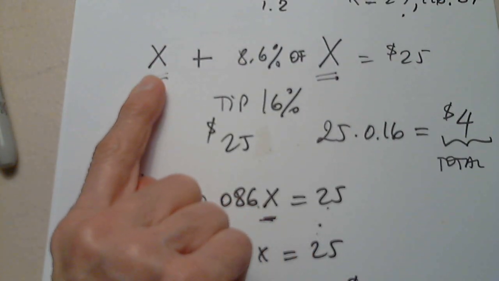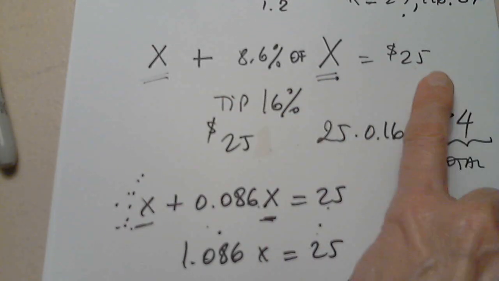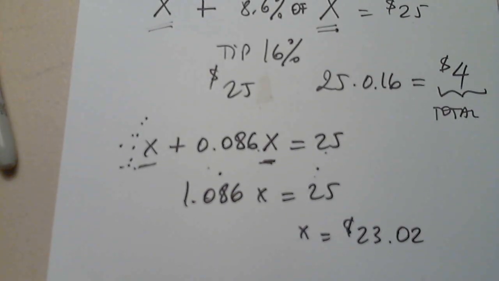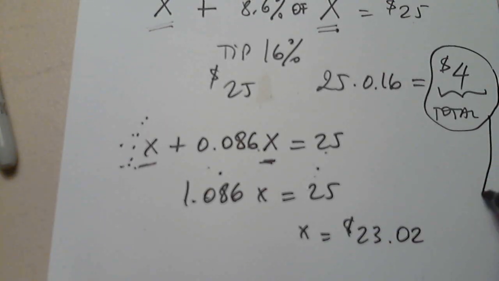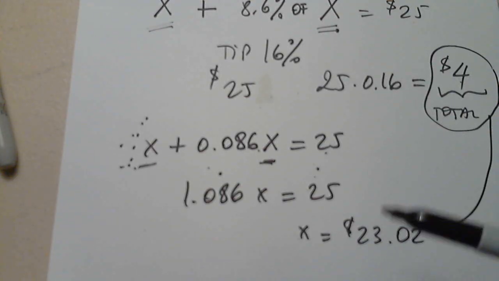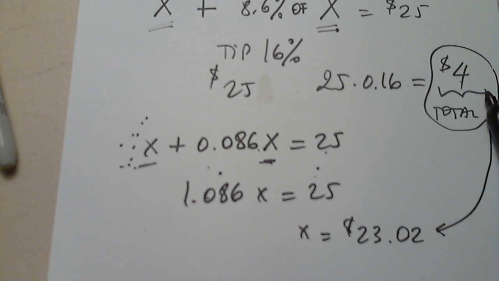The price of the sandwich plus 8.6% of the price of the sandwich, she ended up paying $25. Now, they want us to explain what does $4 represent, what is the percentage that she added to the actual cost of the sandwich in this $4. That's what they want next.